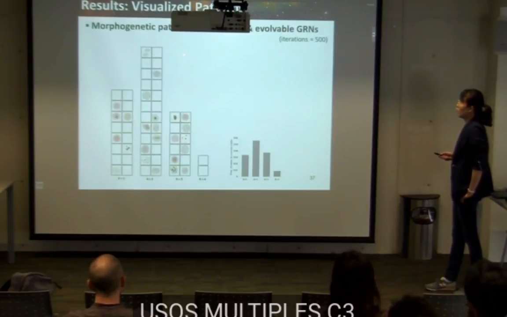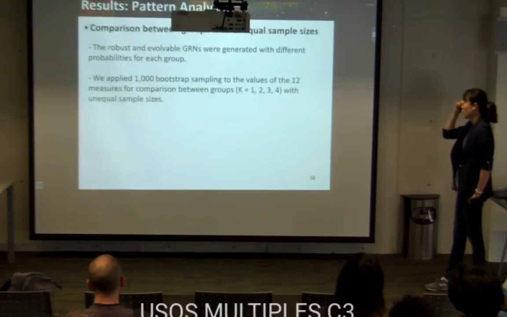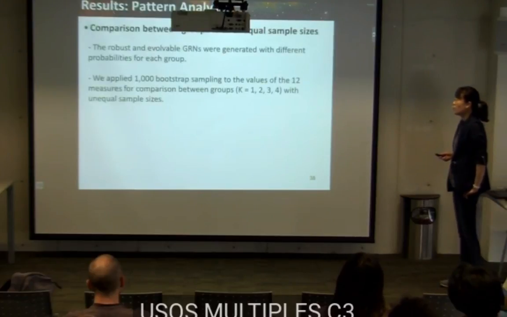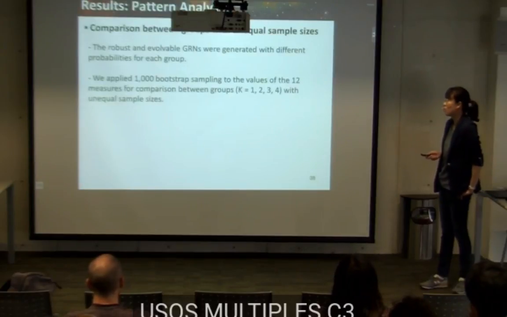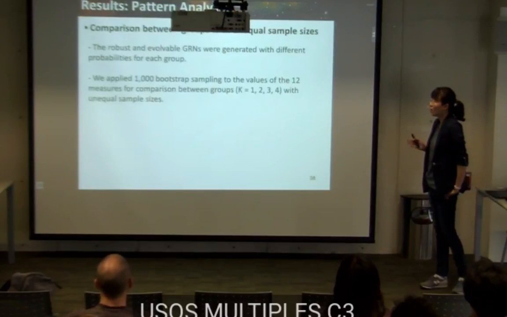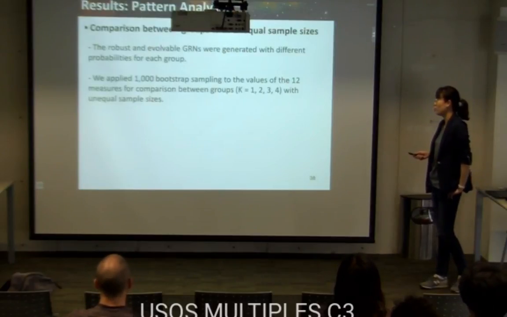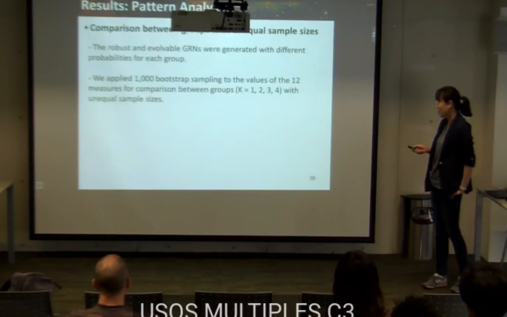You can see the greatest number of patterns at K equal 2. The robust and evolvable gene regulatory networks were generated with different probabilities for each group, so we applied 1,000 bootstrap sampling to the values of the 12 measures for comparison between groups with unequal sample sizes.